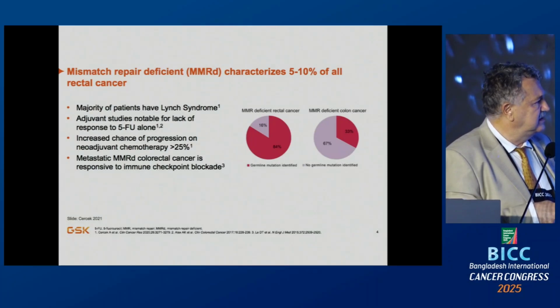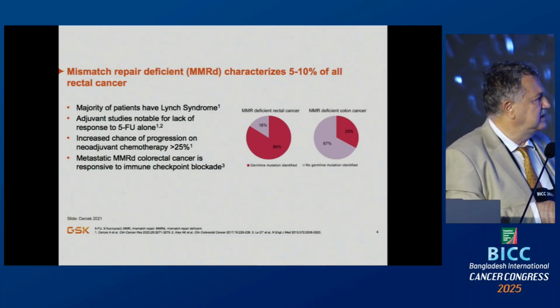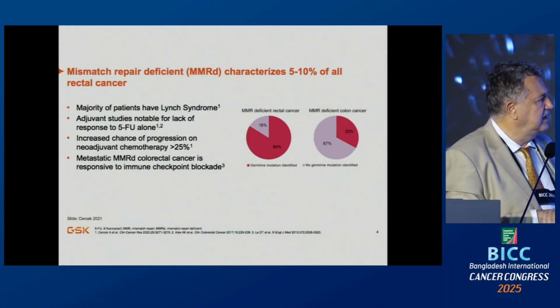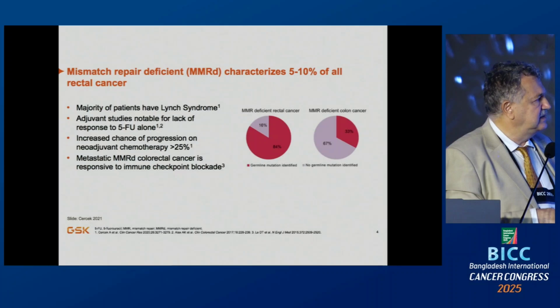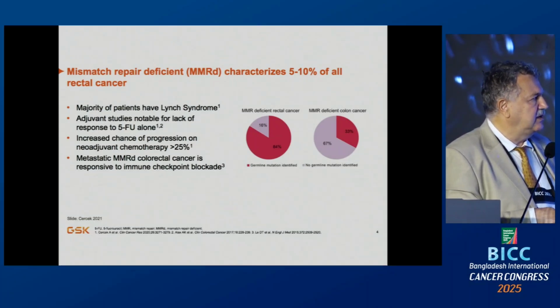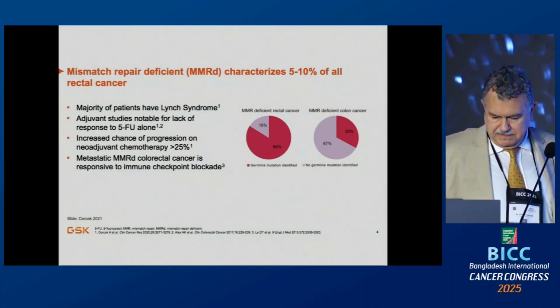So it's hereditary, it's in their genes. We call it germline mutation. So look here, the red, this rectal cancer: most of the cases that are mismatch repair deficient have Lynch syndrome. They have an inherited abnormality. Now, if you look at colon cancer, it's the minority, 33%.